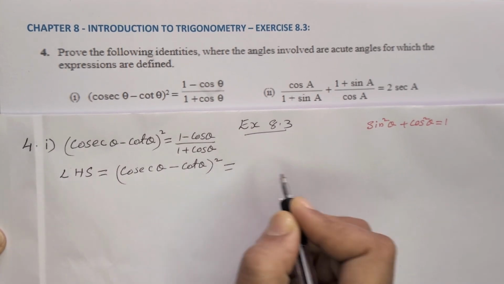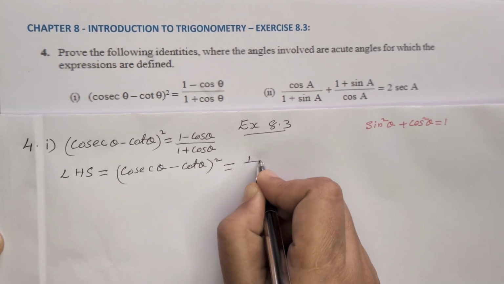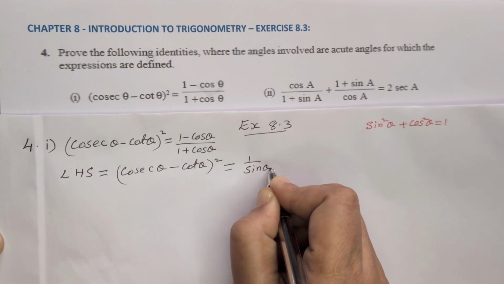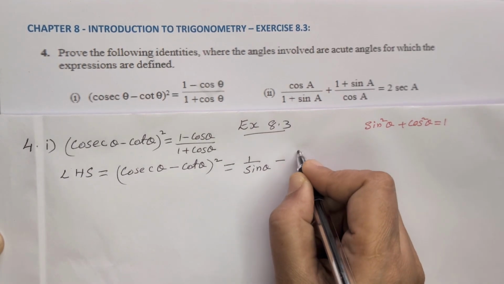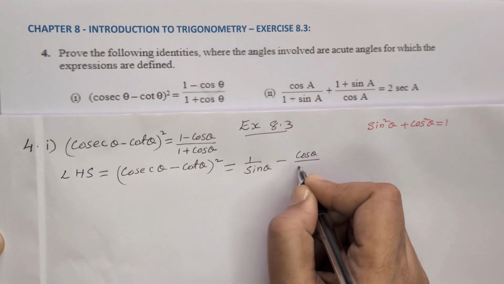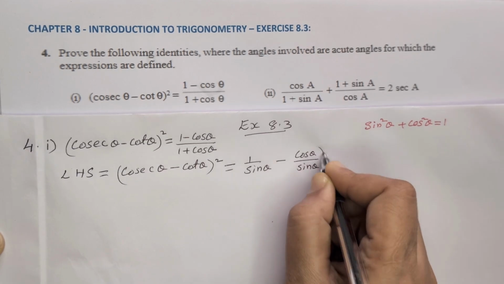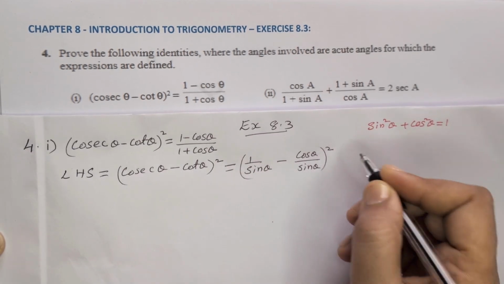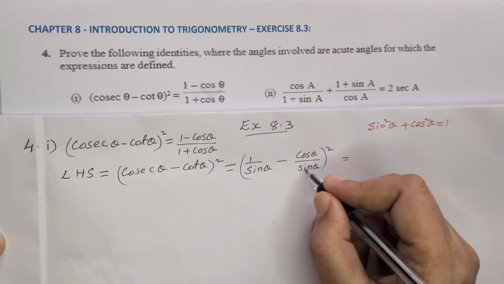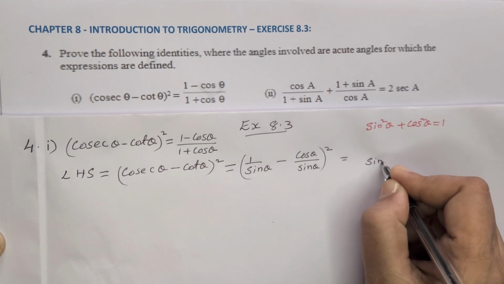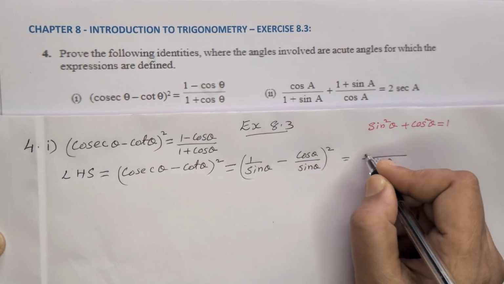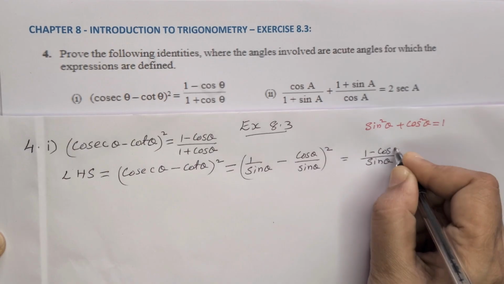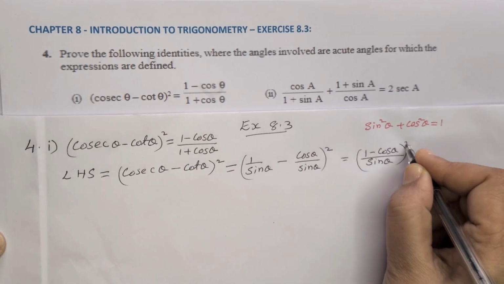We know that cosec means 1 by sin. 1 by sin theta minus cot means cos theta by sin theta, the whole square. Sin theta we can take as common denominator and numerator as 1 minus cos theta, the whole square.